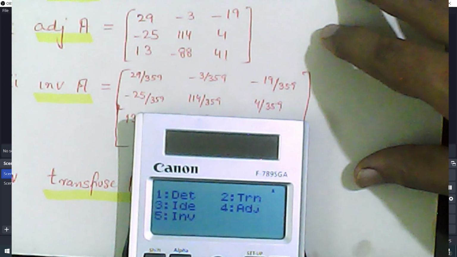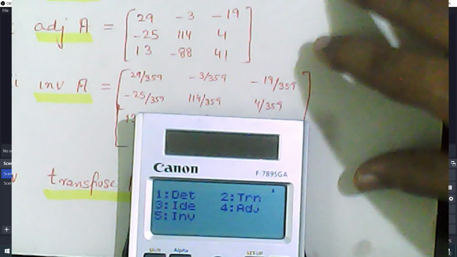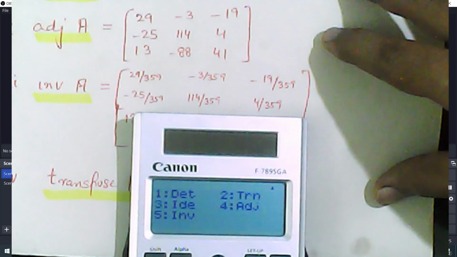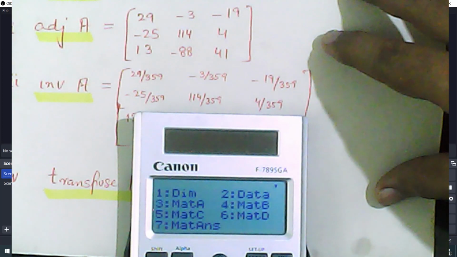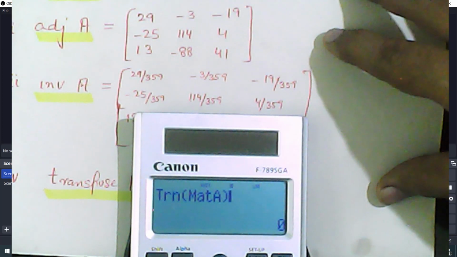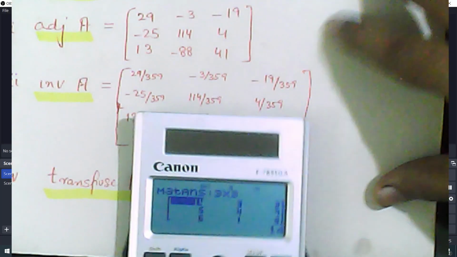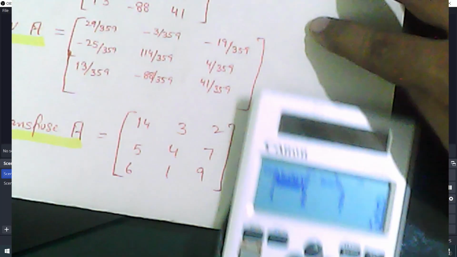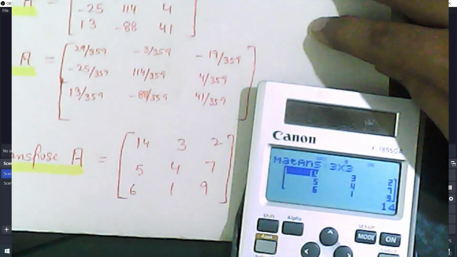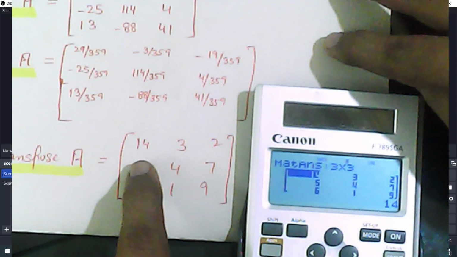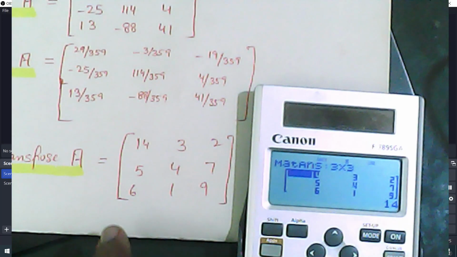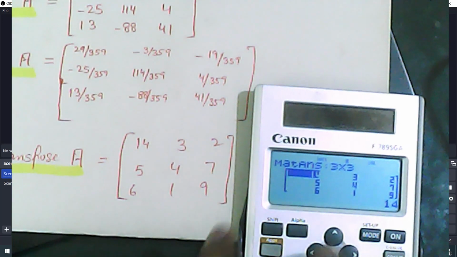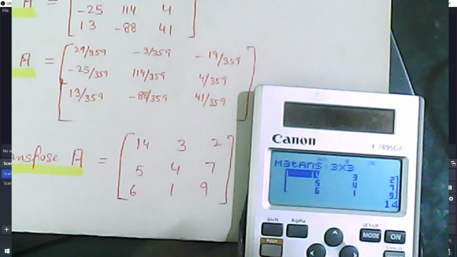We go down and we will select 2, which is the transpose, and again we go to the application phase and we'll say it's 3 matrix A, and we close it out. And again you can see this is the solution that we have received from the calculator. The first row is 14, 3, 2. You can see the first row 14, 3, 2. The second row is 5, 4, 7, and you can see it is 5, 4, 7, and the third row is 6, 1, 9 and 6, 1, 9.